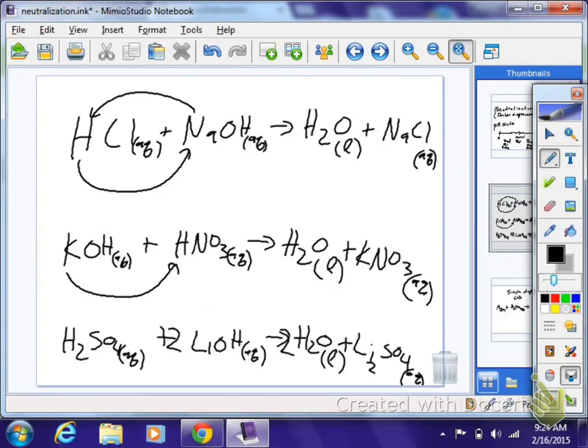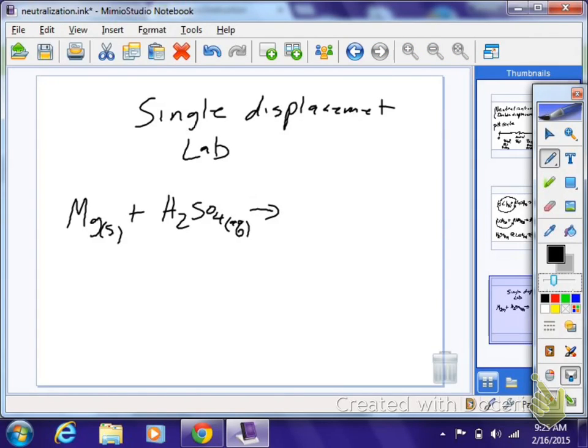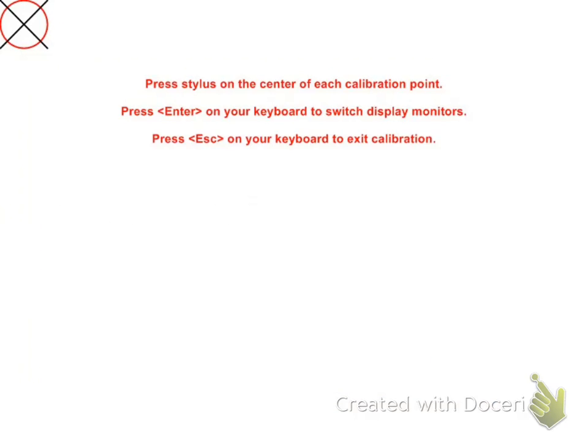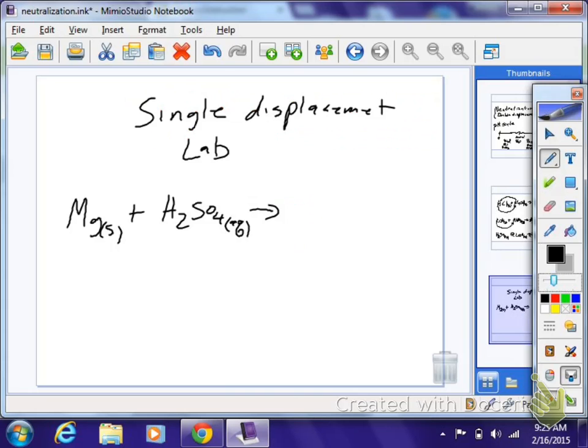The last thing I would like to discuss with you has to do with the single displacement lab. Alright? So we're going to discuss that here in a second. If you have that out, we can look at the first result that you have dealing with magnesium and H2SO4.